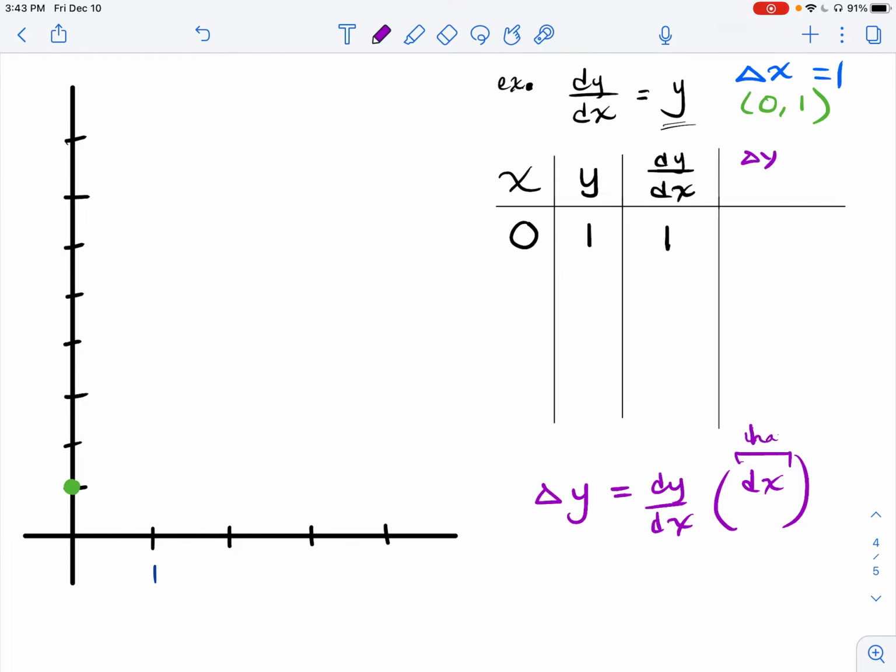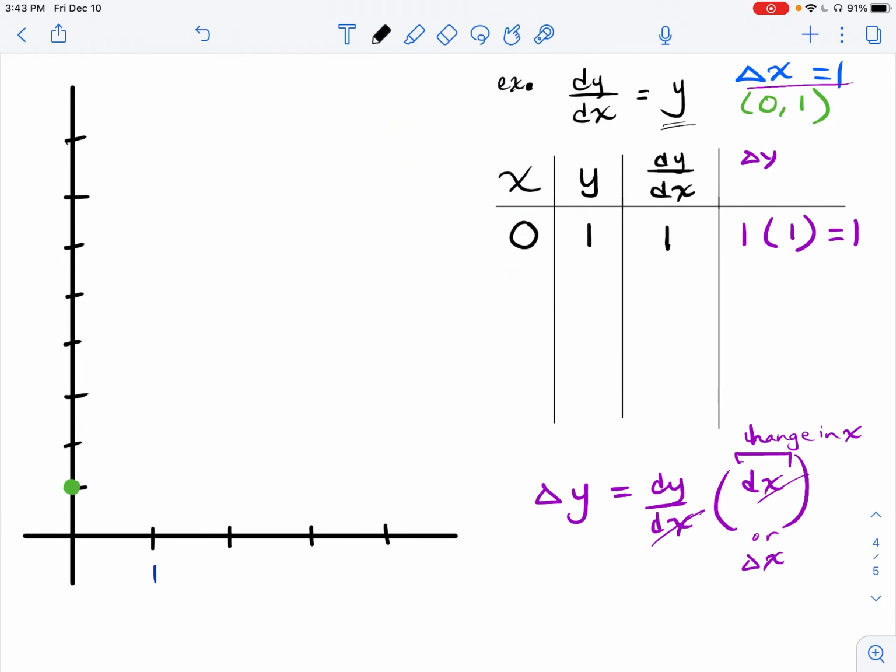So we multiply together our dy/dx times delta x. Our dy/dx is our previous value, 1, times our delta x, which is 1. So our change in y is 1.